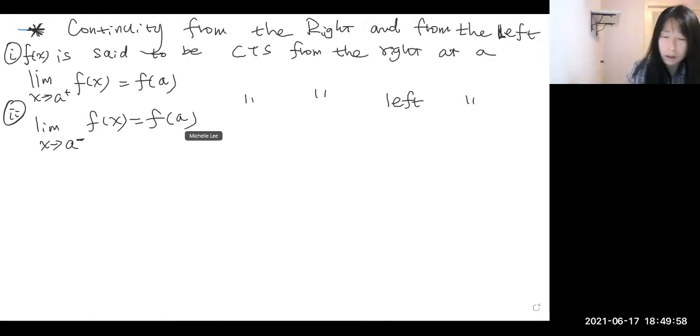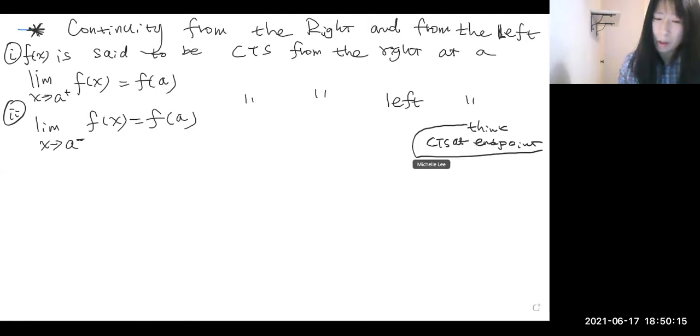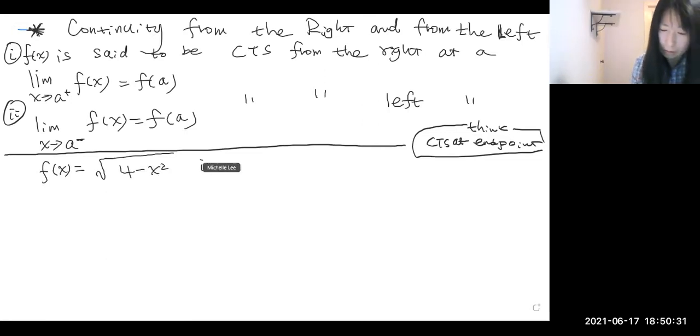Okay, this is continuity at an endpoint. All right, so let me write down this one. This means if we have f(x) equal to the square root of 4 minus x squared, okay.